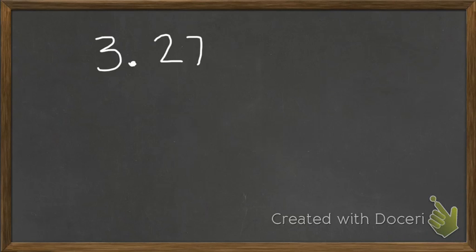So for the homework, they're going to have to write the number in word form or write it from word form into a number. So this one, 3.27. Again, we don't say point, we say and. 3 and 27, is it ones, tenths, or hundredths? Ones, tenths, hundredths.